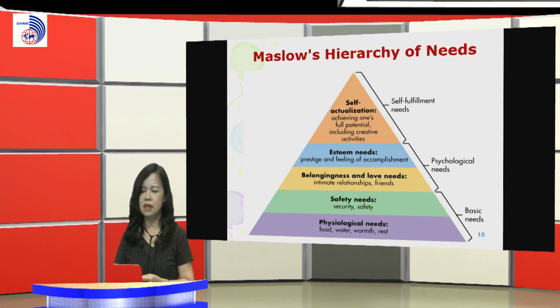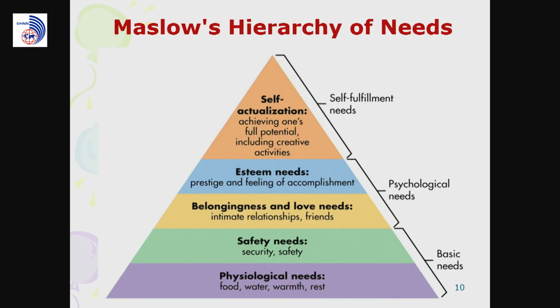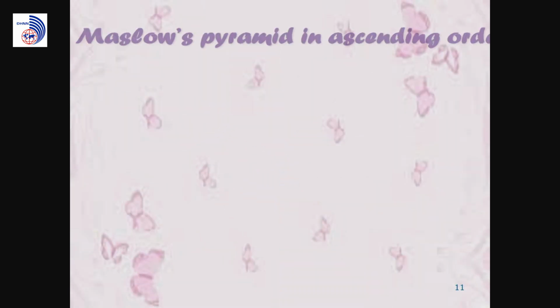So let's consider the rungs of a ladder as the hierarchy introduced by Maslow. Maslow introduced the hierarchy of needs. At the bottom you could see physiological needs, then safety and security needs, belonging and love needs, esteem needs, and self-actualization. So let's probe into the depth of these different levels.